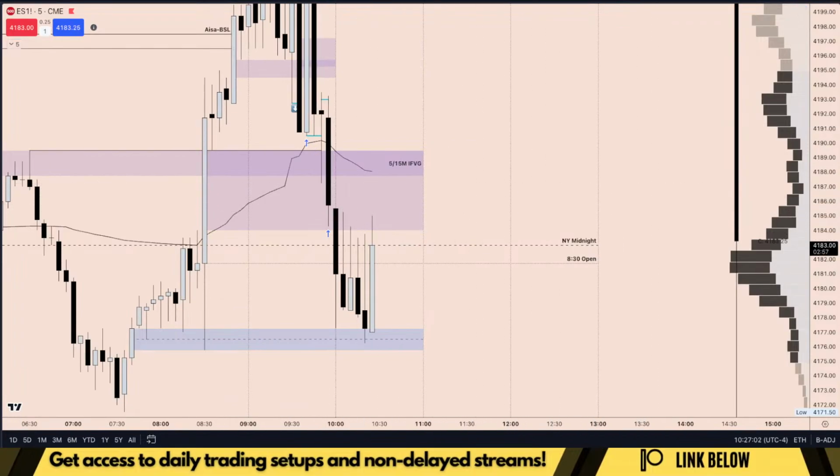We still have this unfilled volume imbalance, and they do very much like to be filled sometime. But I'm proud of me for not trying to force anything in that consolidation.